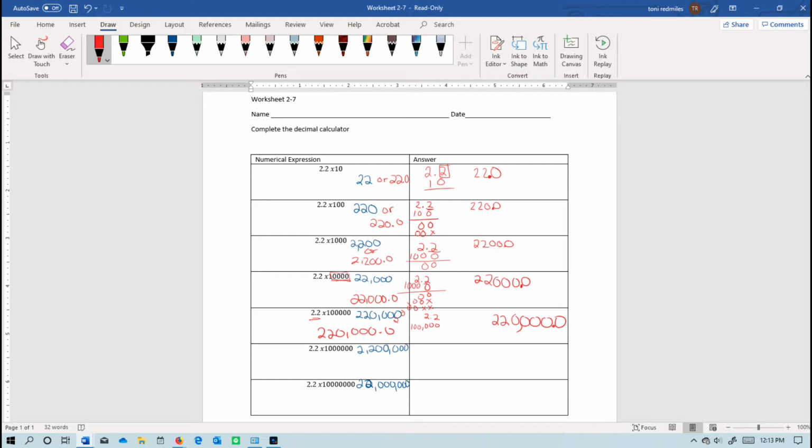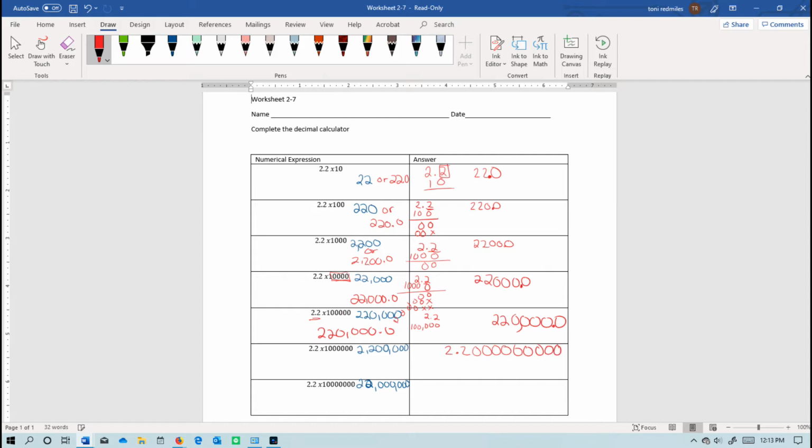So this next one has 1, 2, 3, 4, 5, 6 zeros. So I'm going to add 6 zeros to the end of my number. 1, 2, 3, 4, 5, 6.